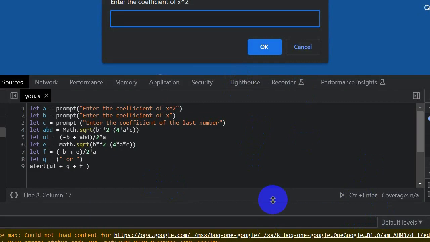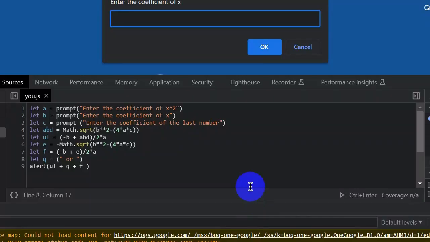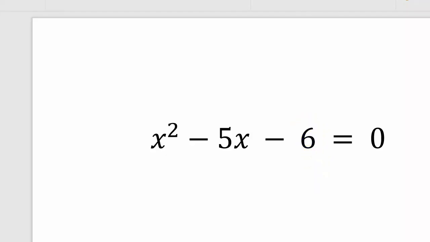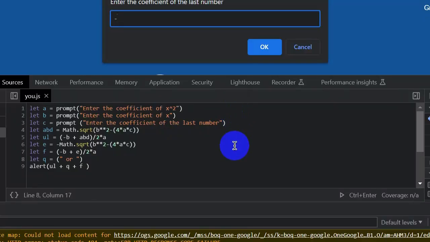The value of a is 1, the value of b is minus 5, and the value of c is minus 6. If the coding is right, it should give us the right answer.